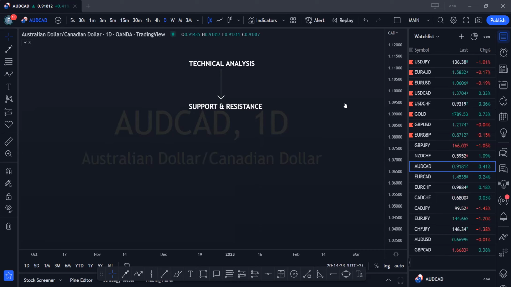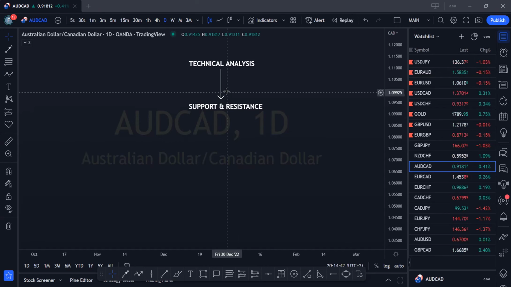It's a starting point that gives you a bit of understanding of how the market works, how to view the market and analyze the market.